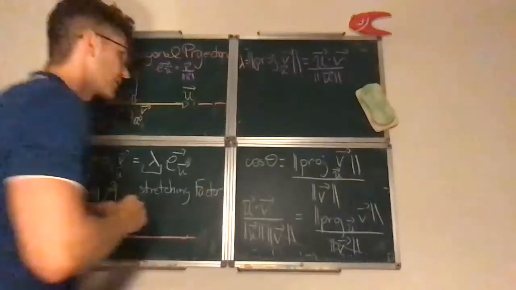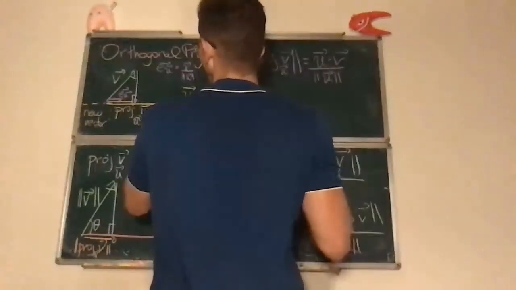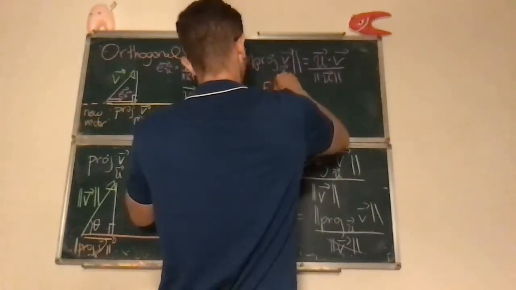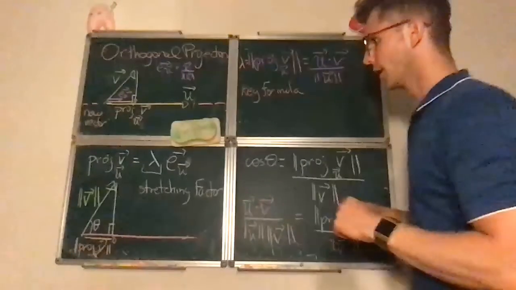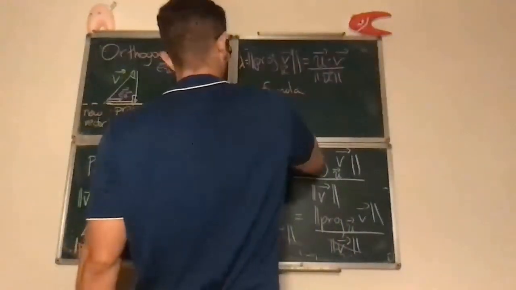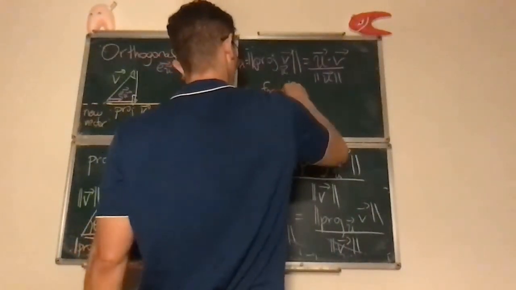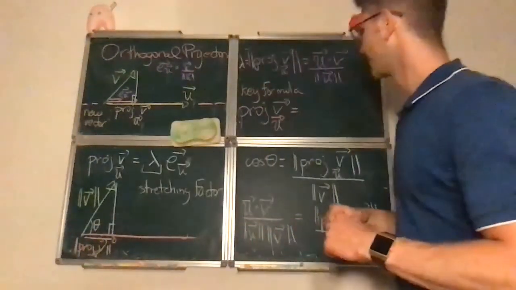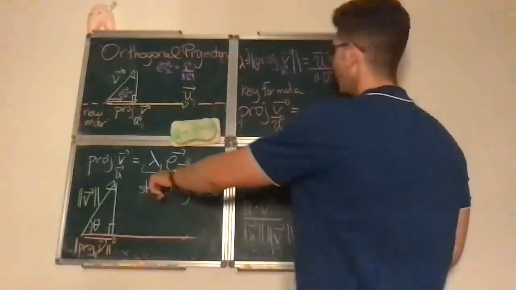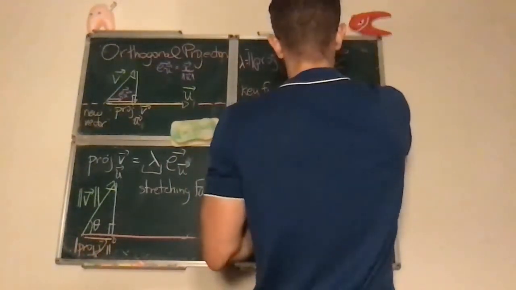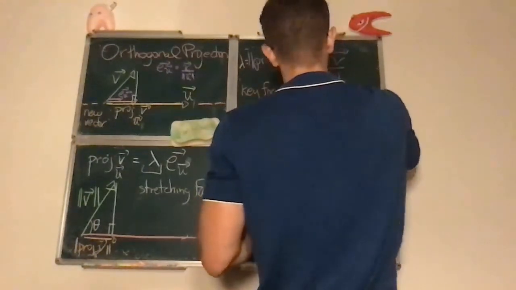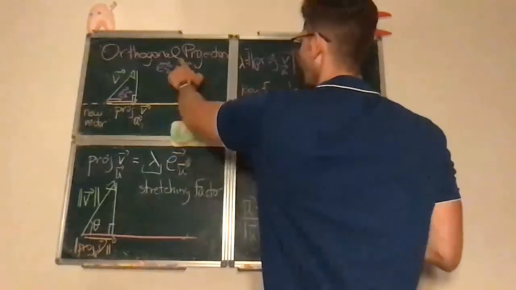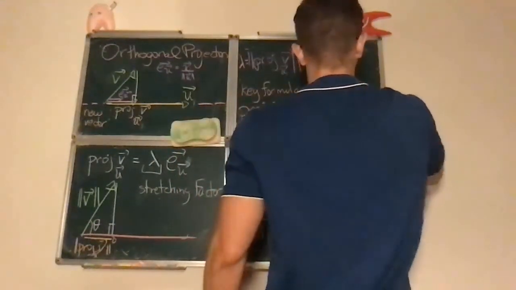And so the key formula that we just found is that the projection of v along u is just lambda, which is u dot v over the norm of u, times a unit vector along u, which is u over the norm of u.